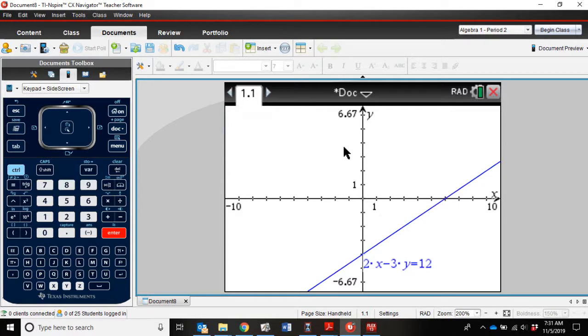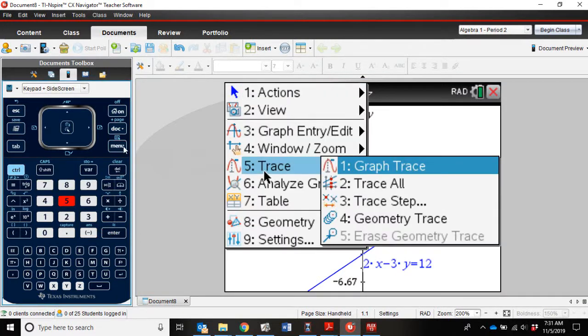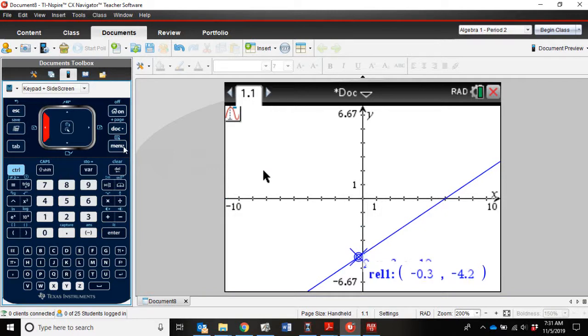And when we graph it, we can see that the x-intercept is 1, 2, 3, 4, 5, 6, (6, 0). And the y-intercept is -1, 2, 3, -4, so (0, -4). And just remember that we can press menu 5 for trace, 1 for graph trace. And then if we scroll left and right, it will actually tell us the y-intercept is (0, -4) and then the x-intercept is (6, 0).